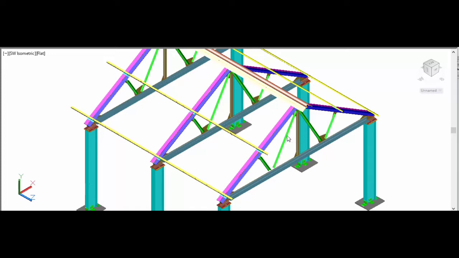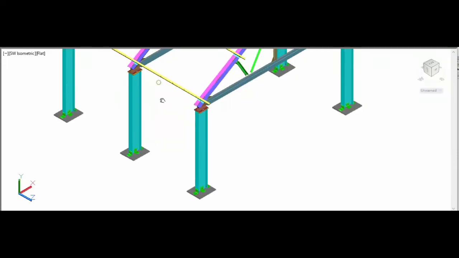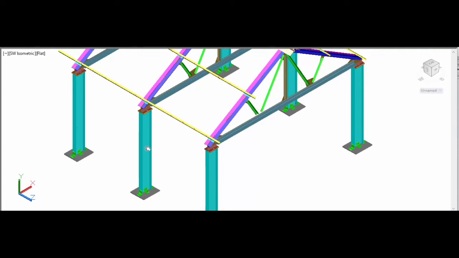The other members, what you find here, will be subjected to tensile forces and are called tie members. Here you find that the vertical members at the ends of the roof truss, subjected to compressive forces, are called stanchions.